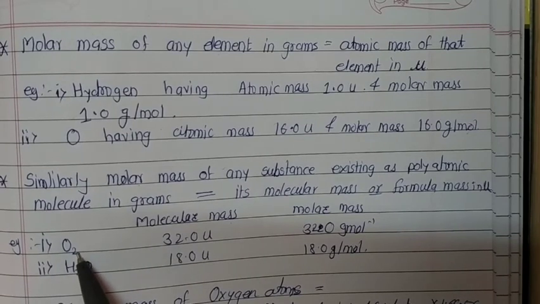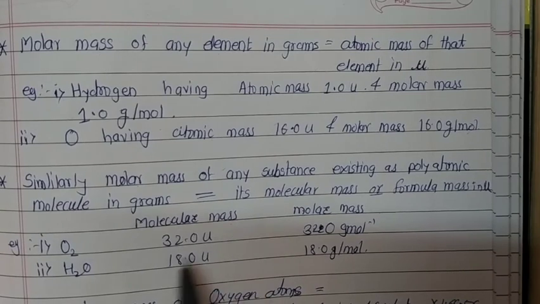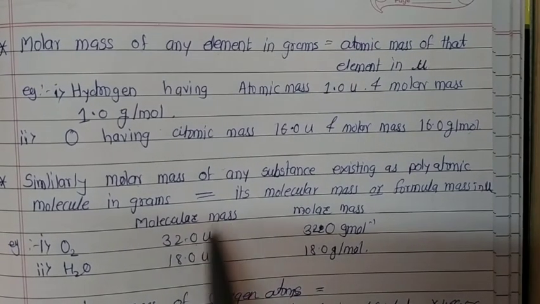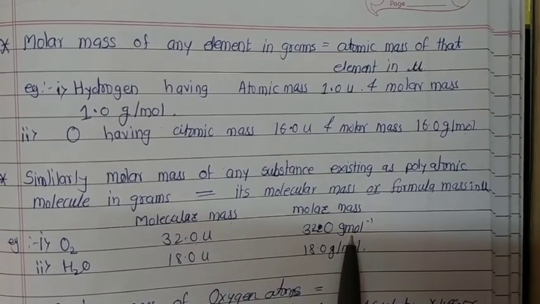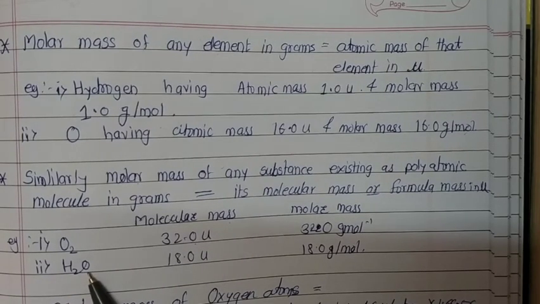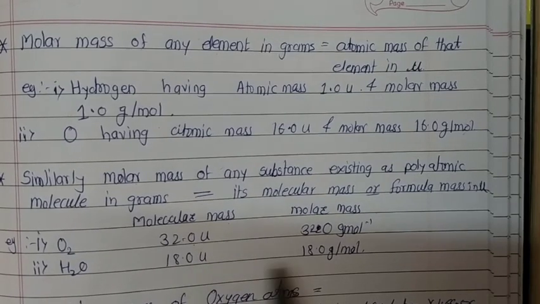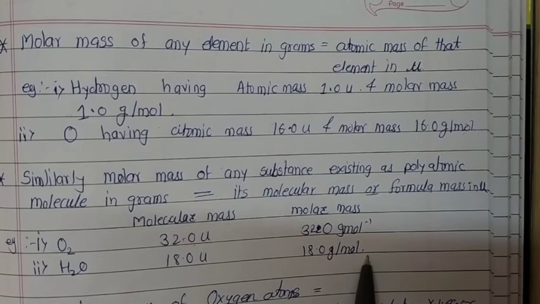Oxygen is a diatomic substance having molecular mass 32.0 u and molar mass 32.0 g mol^-1, while H2O has molecular formula mass 18.0 u and molar mass 18.0 g mol^-1, or gram per mole.